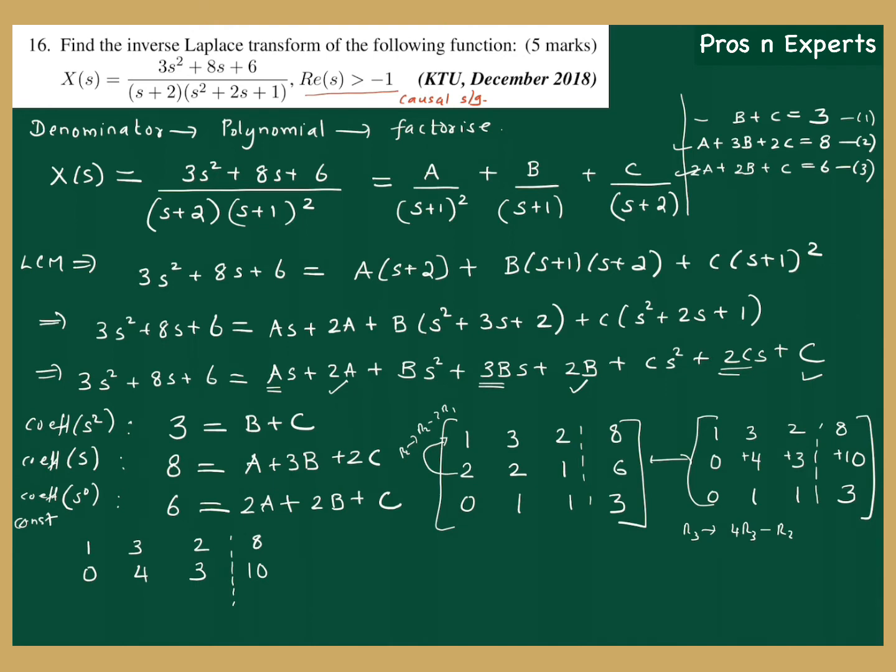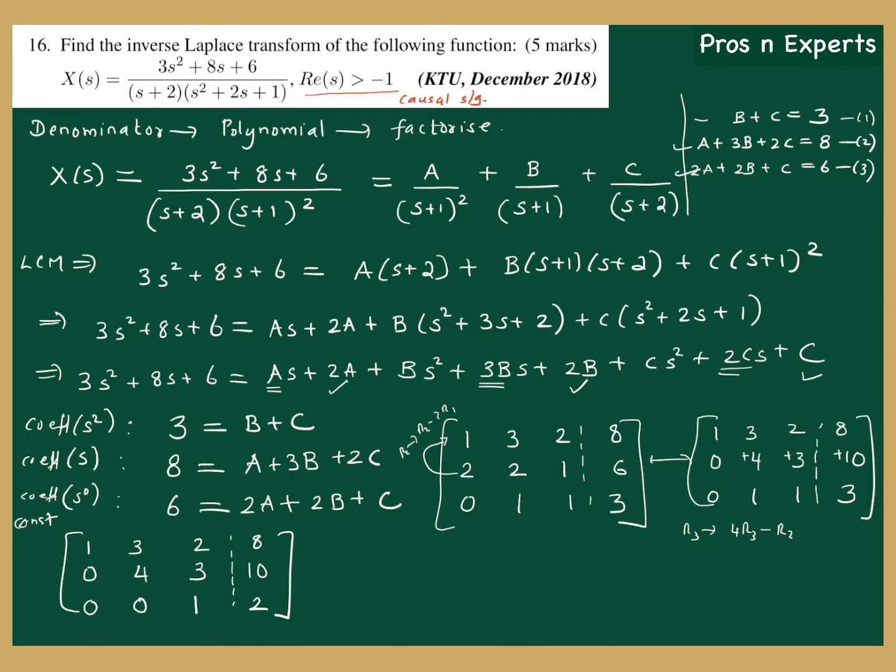So the first element is 0, then 4 minus 4 is 0, then 4 minus 3 is 1, then 12 minus 10 is 2. So this is what row operations will render on that matrix. Now it is very simple.